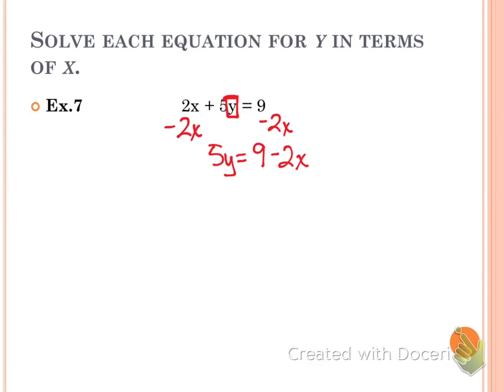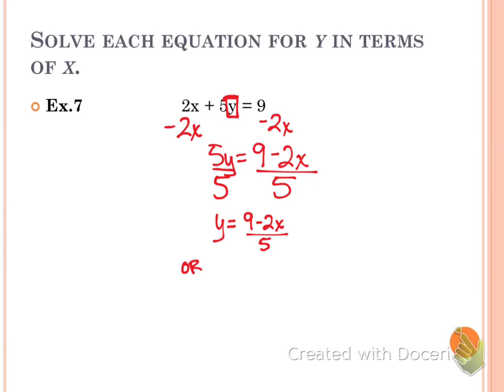All right. How am I going to get y all alone? Divide by 5. But if I do it to one side, got to do it to the other. So we divide the whole other side by 5. So that leaves us with y equals 9 minus 2x over 5.